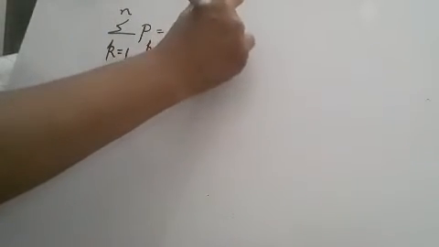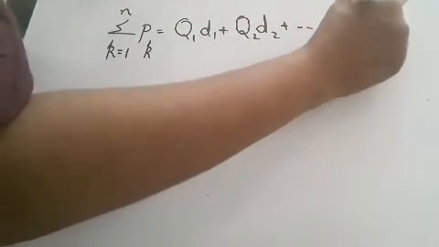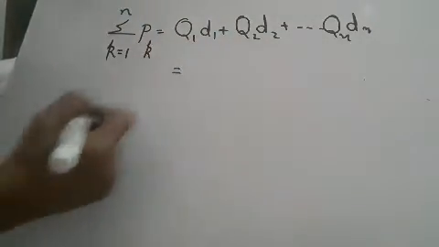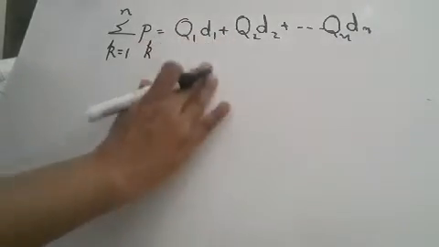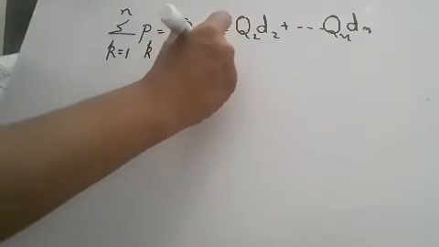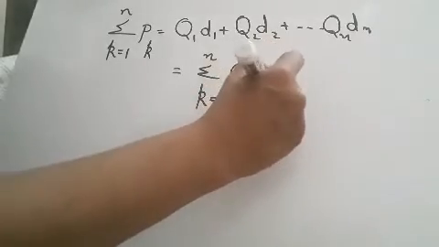If there are n dipoles in a volume delta V, the total dipole moment is equal to the sum over k equal to 1 to n of q1 d1 plus q2 d2 up to qn dn. This can be represented as the sum over k equal to 1 to n of qk dk.